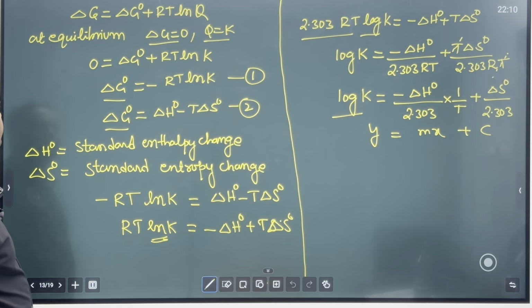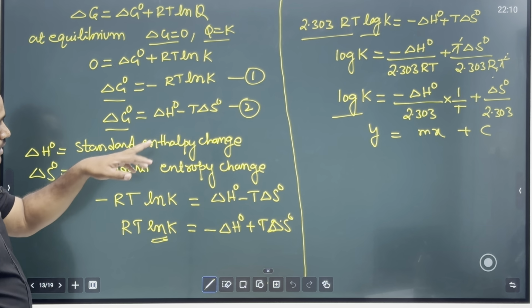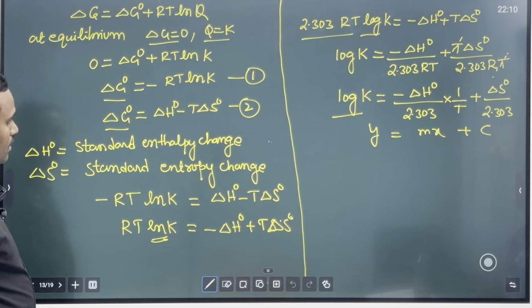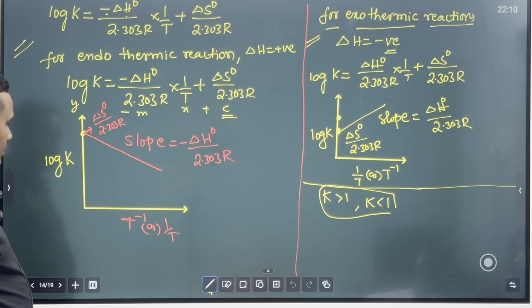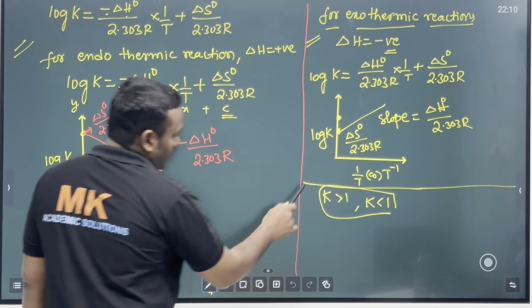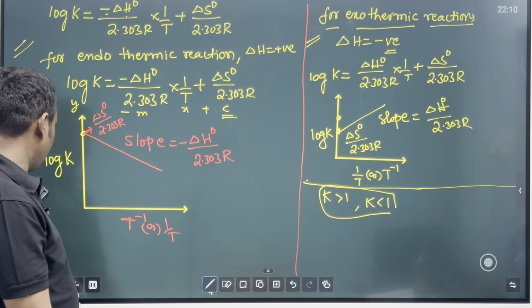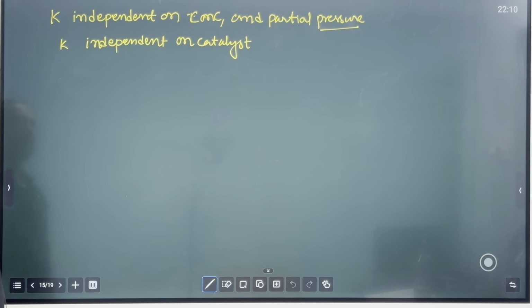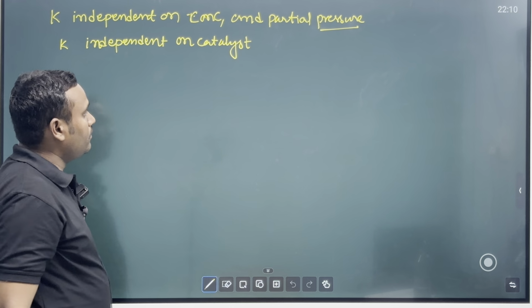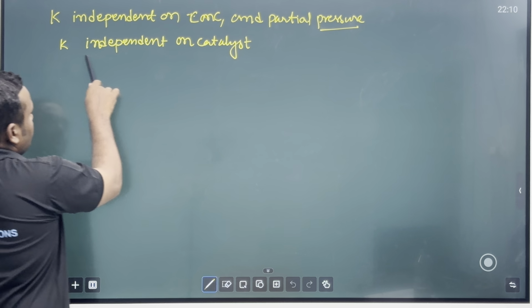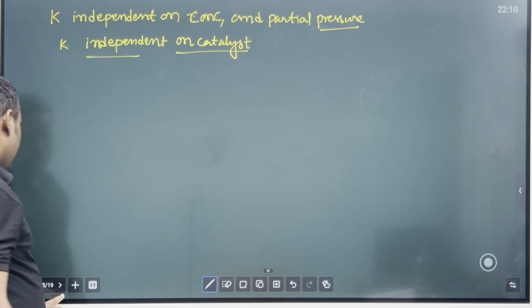And next, delta G naught and log K graphs, and some more information that I will explain in the next videos. Okay. Next, K is independent of the concentration and partial pressure, and K is independent of the catalyst also.